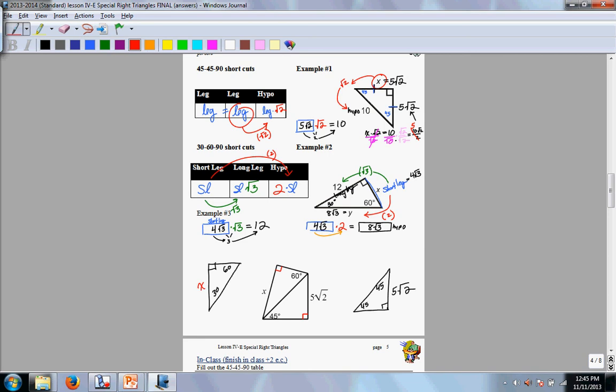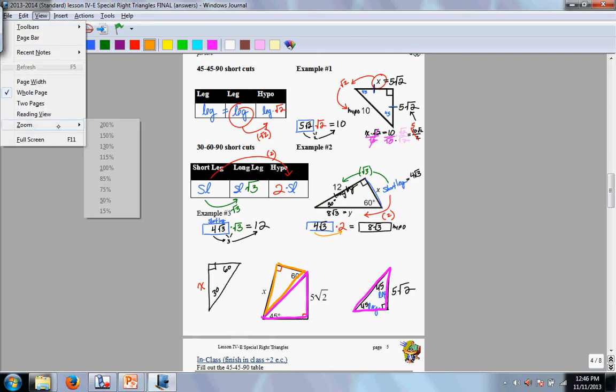Let's first start by labeling. Here, these are both legs. So we're going to work with this right triangle first, the pink one. After we do the pink one, then we'll work on the orange one. Why do I start with the pink? Because that's the only one where you have a number.